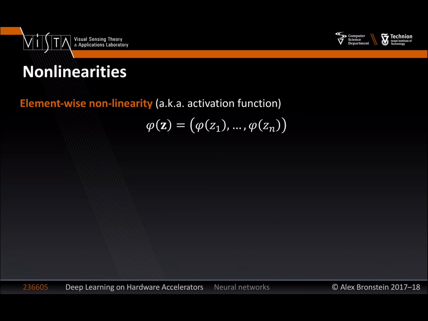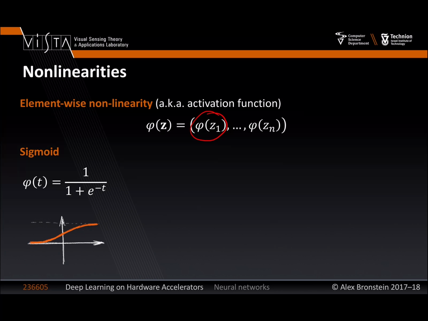So basically, it's just saying that my n-dimensional function, or Rn-valued function, is just a separable function. It's coordinate-wise separable. So every coordinate undergoes the same nonlinear transformation by a scalar valued nonlinearity that I'm going to denote with some abuse of notation by the same letter phi.